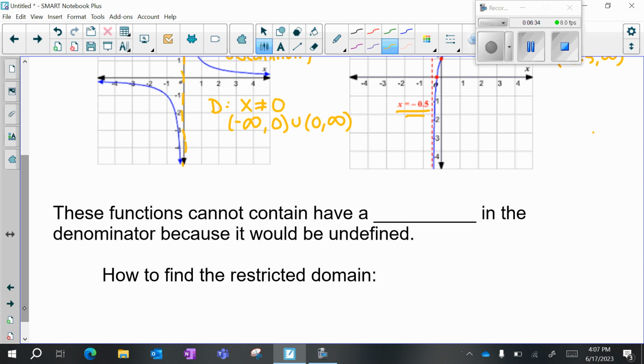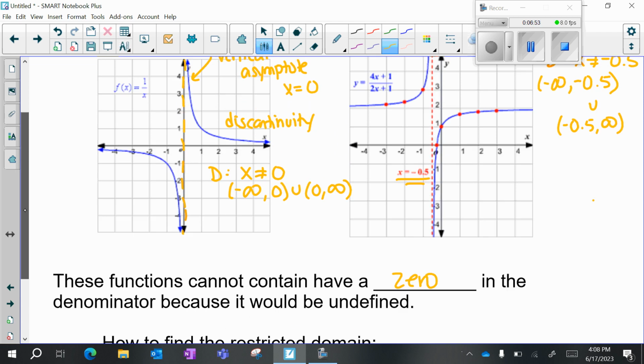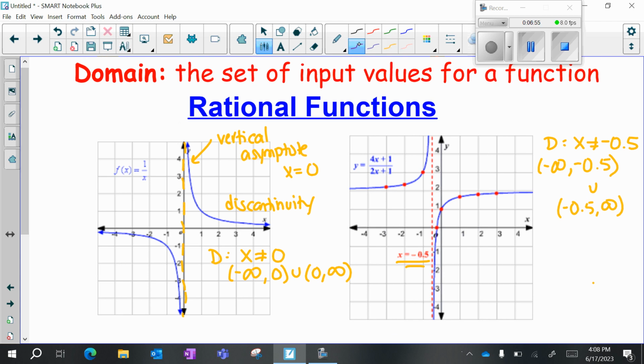So these functions cannot have a 0 in the denominator because it would make it undefined. That's why we have an asymptote. So to find our restricted domain, you are going to take your denominator and set it equal to 0 and solve. So let's take a look at our two examples that we have up top. My denominator here was x. So this would be x equals 0. There's nothing to solve.